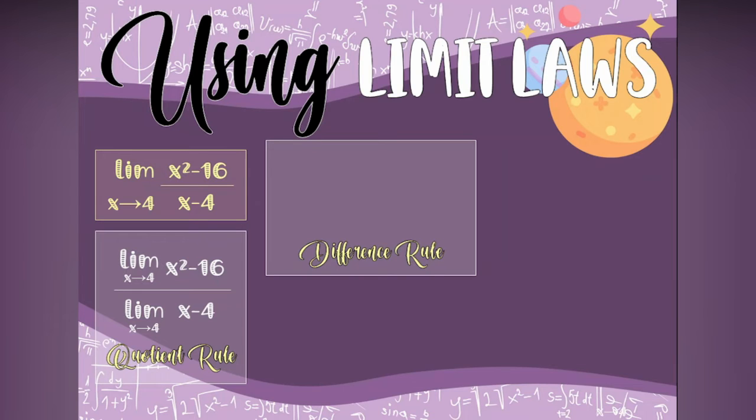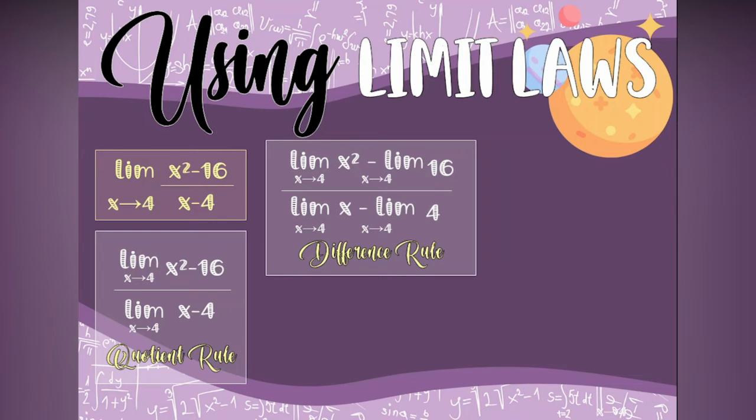The limit of x squared as x approaches 4 minus the limit of 16 as x approaches 4 over the limit of x as x approaches 4 minus the limit of 4 as x approaches 4. Next, let's determine what law we can apply in the next step.